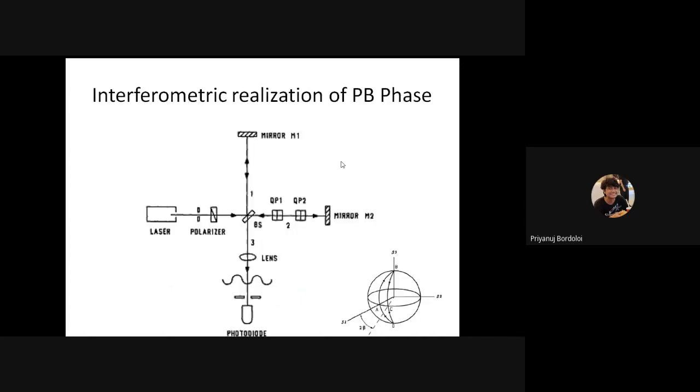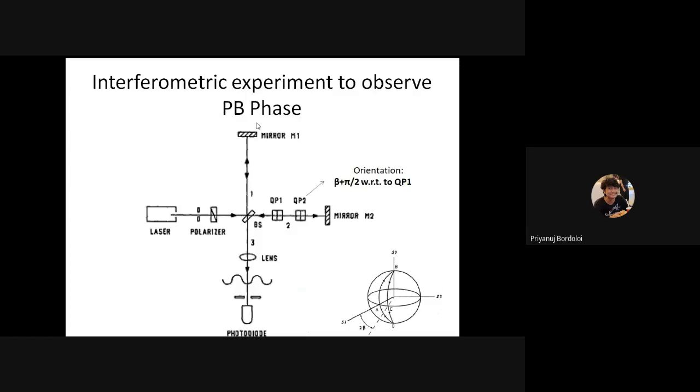So let us look at an experimental way of observing this. This was the experiment we did, which was the interferometric realization of the PV phase. I will show you part by part which part causes what movement on the Poincare sphere. First, suppose you have light coming out of the laser, and there are two paths. One path has no optical element, and one path has two quarter wave plates, where the first one is oriented in such a way that the linearly polarized light coming from the laser will be turned into a circularly polarized light.